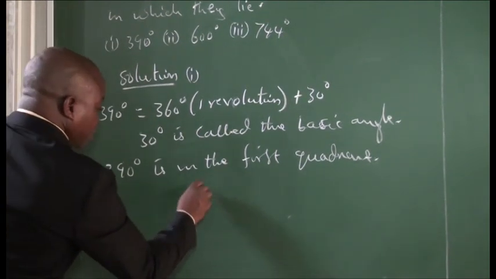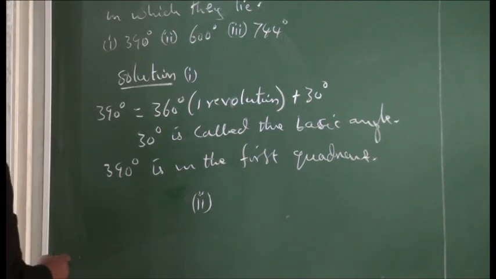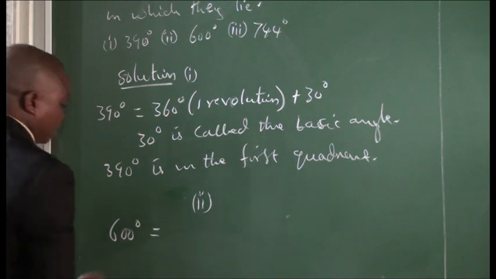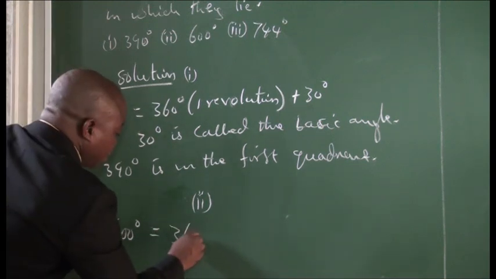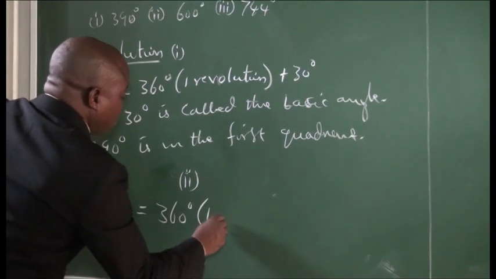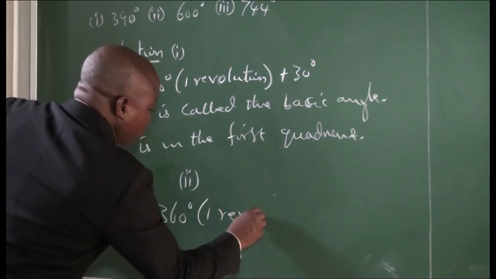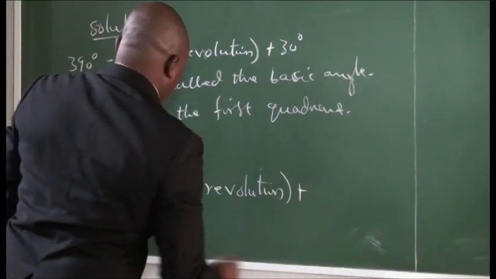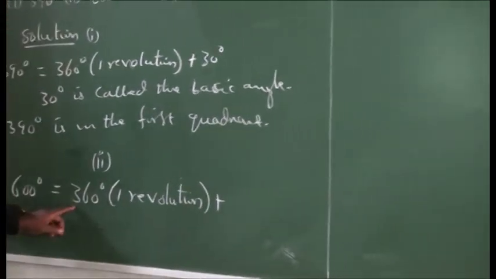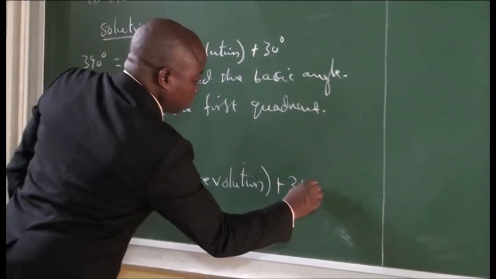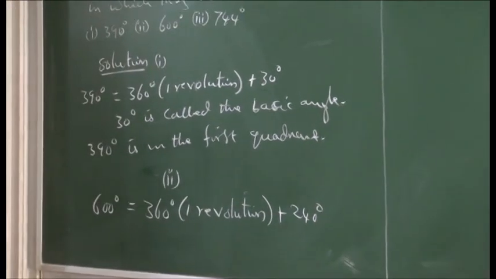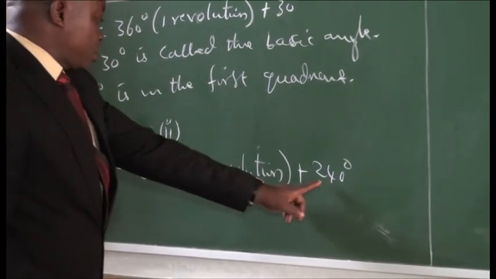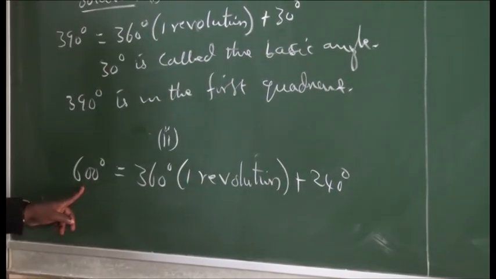Okay, the second one. We are given 600 degrees. Of course, if you take out 360 degrees, that is one revolution, plus 240 degrees, because 360 plus 240 degrees will give you 600.